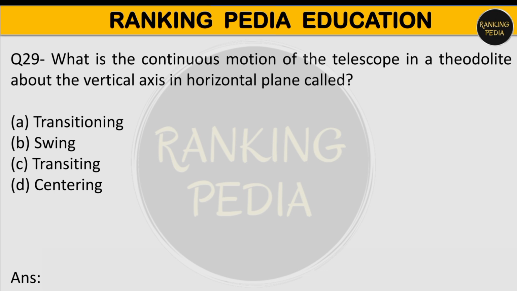Next question is, what is the continuous motion of the telescope in a theodolite about the vertical axis in the horizontal plane? Your options are transitioning, swing, transiting, or centering. That is your swing. Option number B is correct.